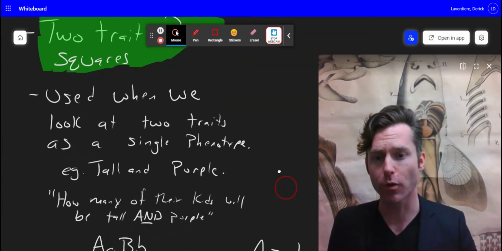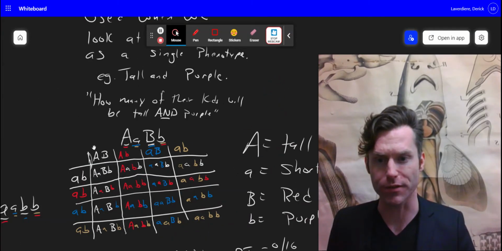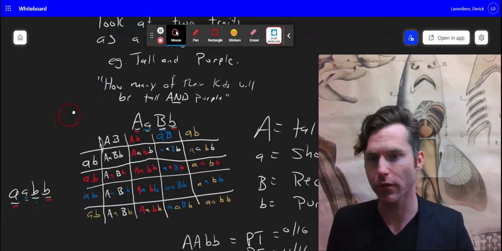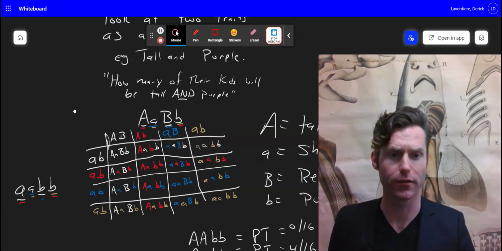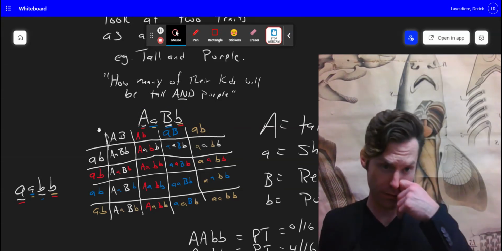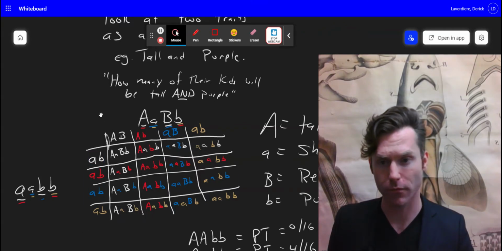And so when we are looking at these multiple trait Punnett squares, you can see they're quite a bit bigger. And we still have to take into account the fact that we're talking about making gametes. And so the axes on top still represent gametes.